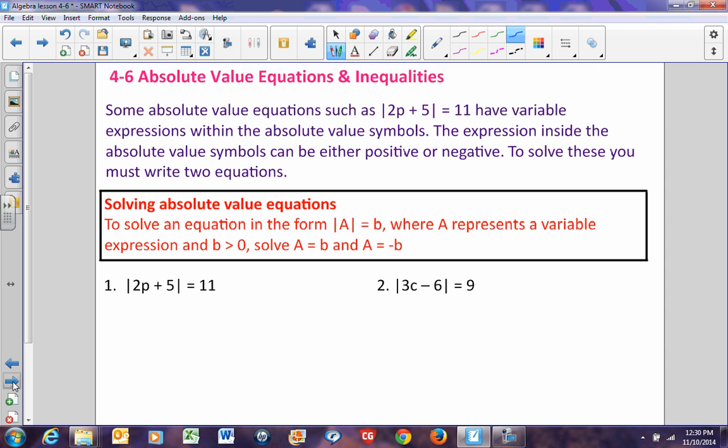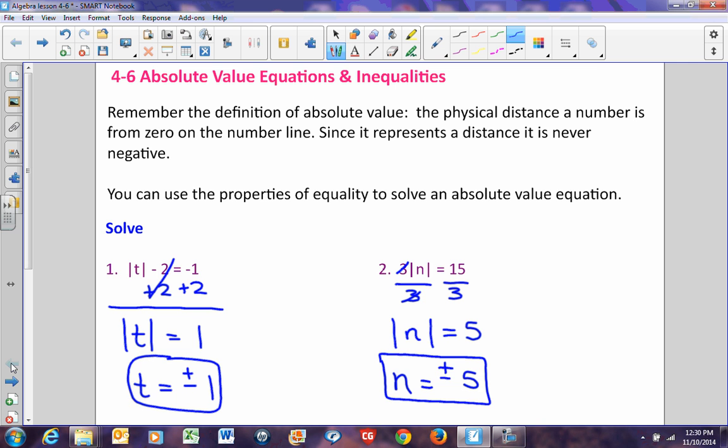The expressions inside the absolute value symbols can either be positive or negative. To solve these, you must write 2 equations. Unlike the earlier examples, where all we had to do was solve for the absolute value, because the only thing in the absolute value was the variable itself. There was nothing else inside the absolute value.